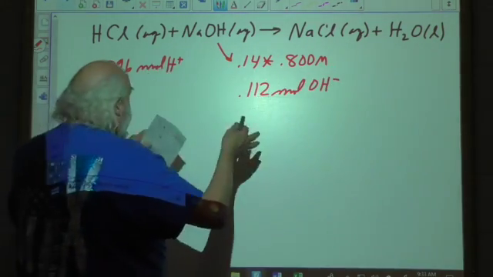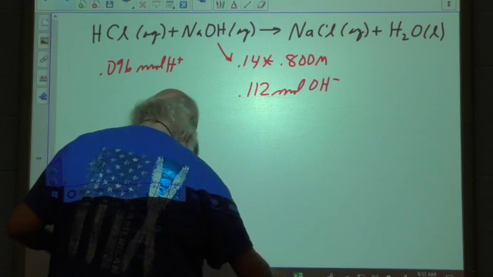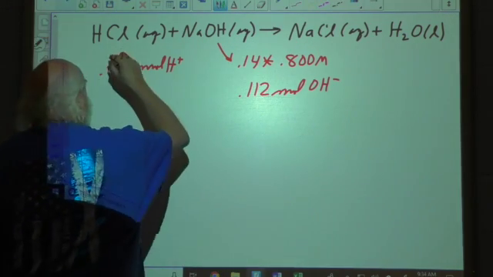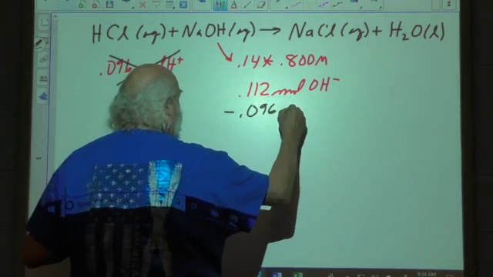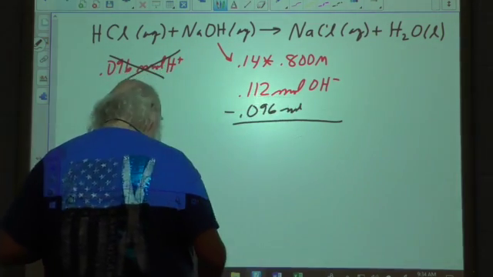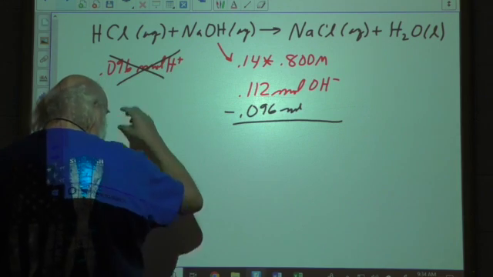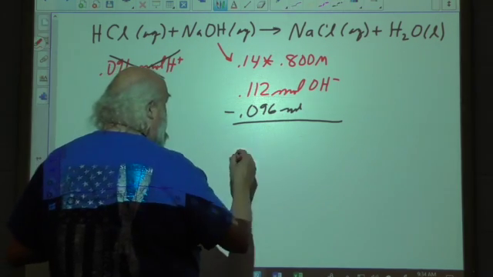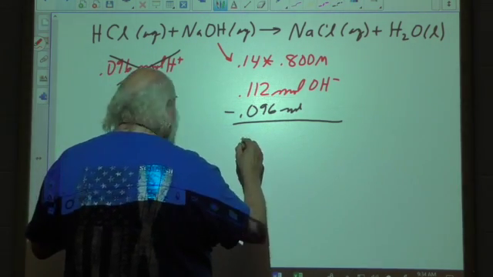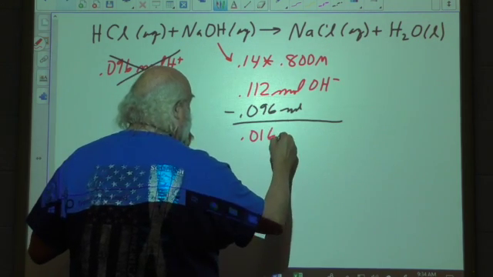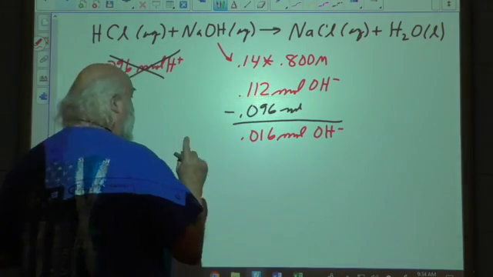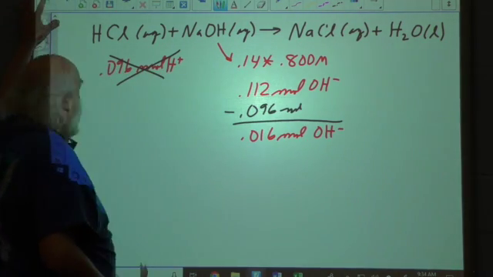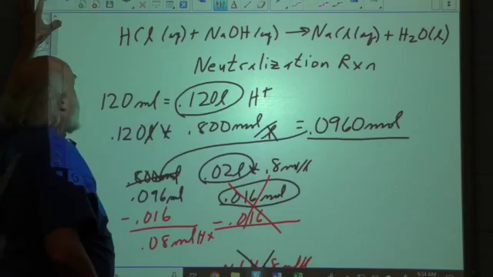Now we've got more hydroxide than we have acid. So this gets eaten up, and then we're going to subtract 0.096 moles of the base because it gets neutralized by all that acid, and we end up with 0.016 moles of hydroxide. So we're going to put that into our chart.